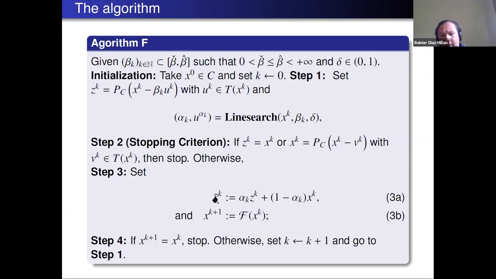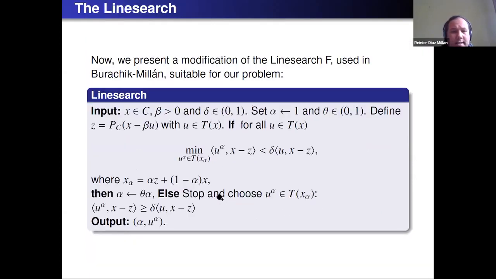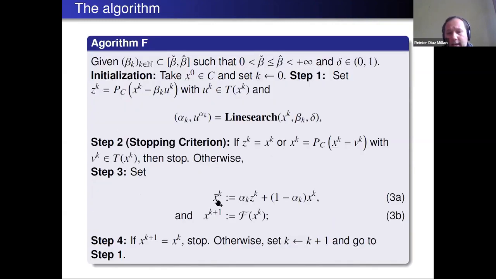Okay, now we define alpha bar xk as this convex combination, because this convex combination is exactly what we have here. That means that this is x alpha in the line search, okay?